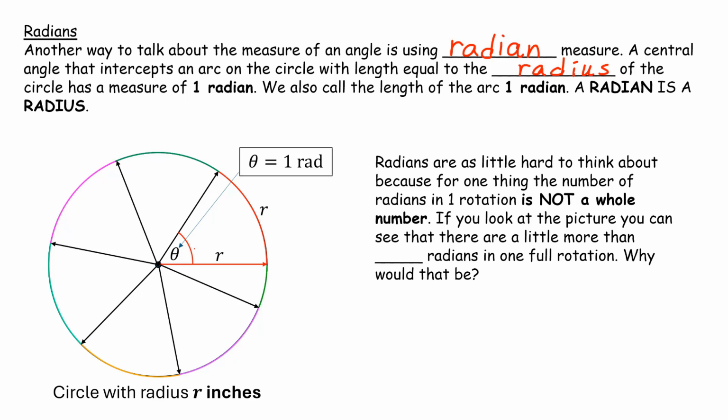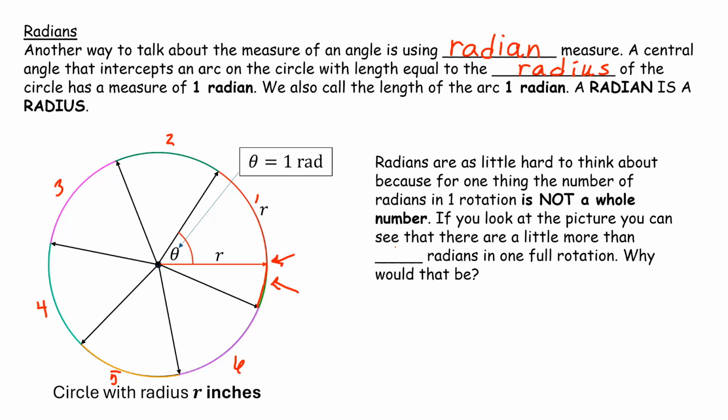The tricky thing about radians, they're a little hard to think about because, for one thing, the number of radians in one rotation is not a whole number. So if you go around the circle, starting right here, and you go 1 radian at a time, so that's 1 radian, and 2, 3, 4, 5, 6, and then you get a little bit more right here, but it's not a full radian.